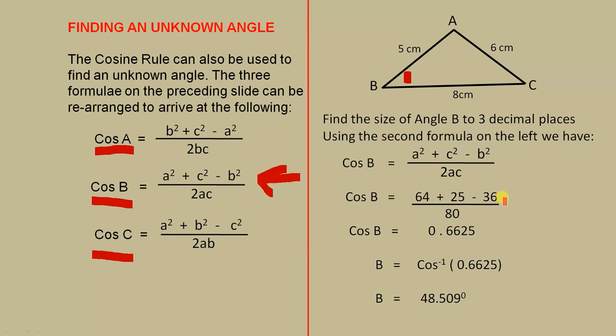We substitute into the formula, direct substitution. After simplification, we have cos B equals 0.6625. So B is the inverse cos of that number. So B is 48.509 degrees to 3 decimal places.